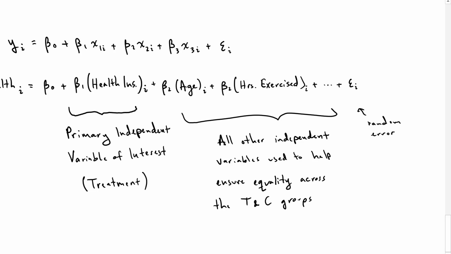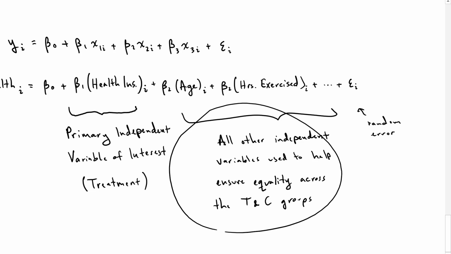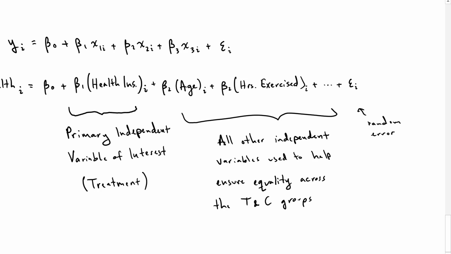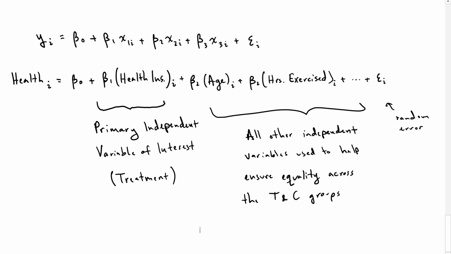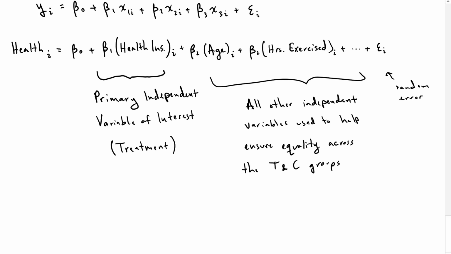Remember in our last video on random assignment, when we looked at people with health insurance and no health insurance and looked at their health, we saw that people who had health insurance had higher incomes, more education, and so on and so forth. So we can think of these as other control variables.